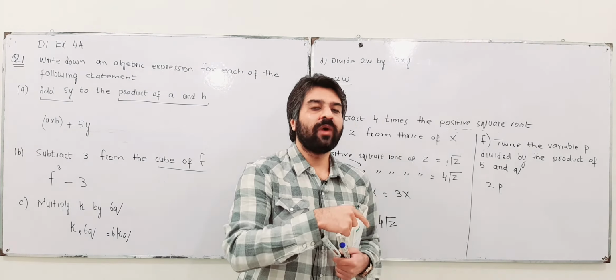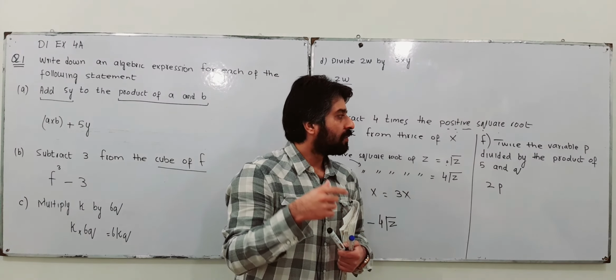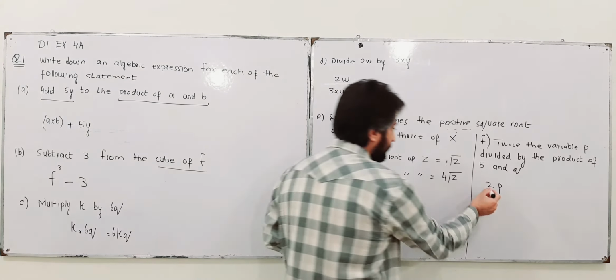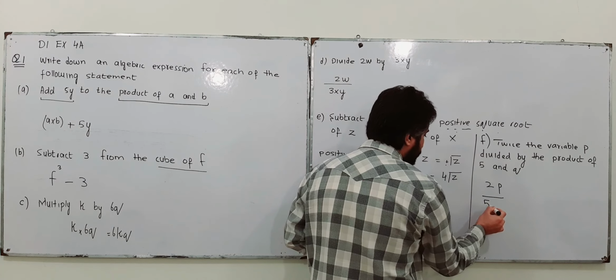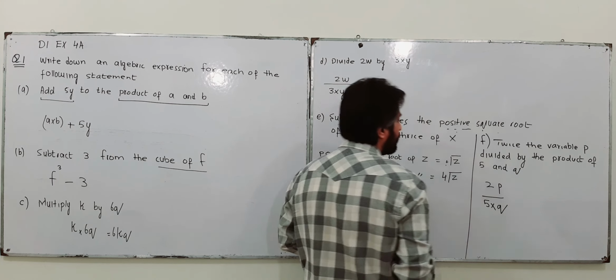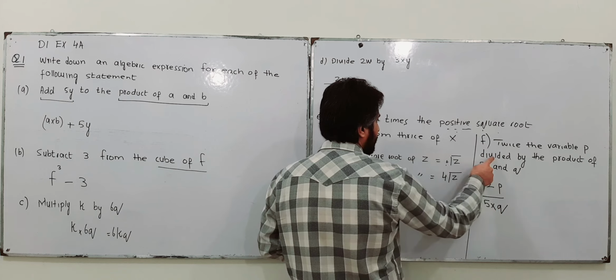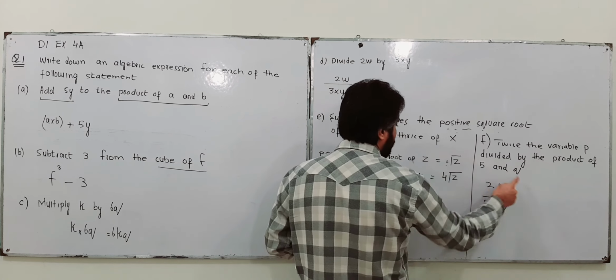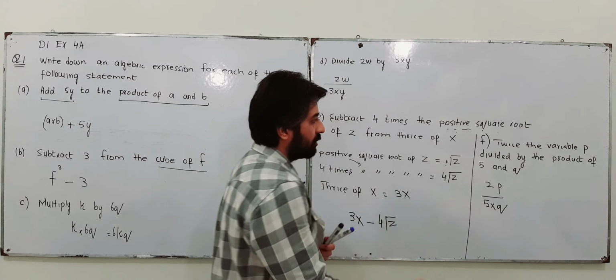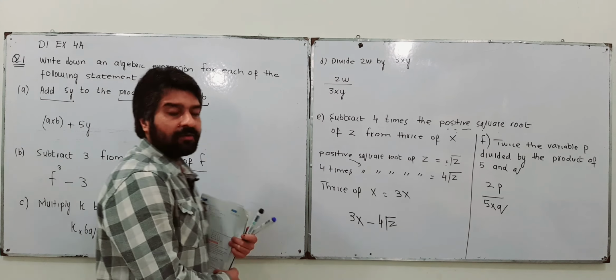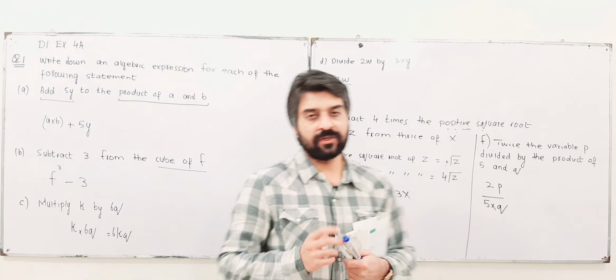This has to be divided by the product of 5 and q. So this is your required answer for question number 1 of exercise 4A of D1 7th edition.